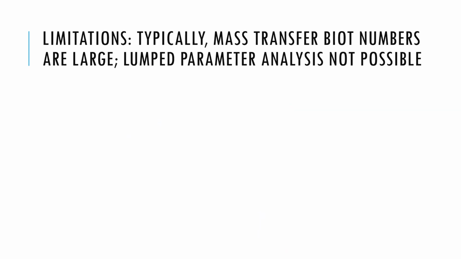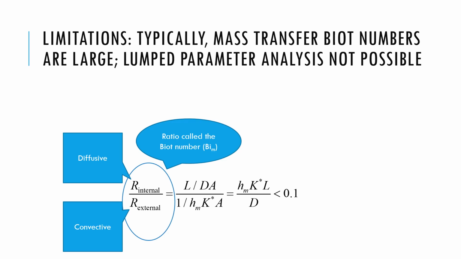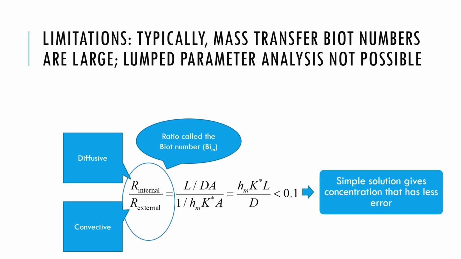So just to conclude, lumped parameter analysis in case of mass transfer goes like this: if the Biot number here, this one for mass transfer, is less than 0.1, then that simple solution that we derived for concentration is likely to have much less error.